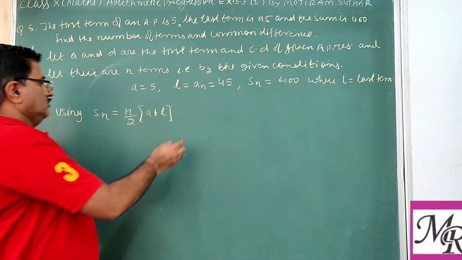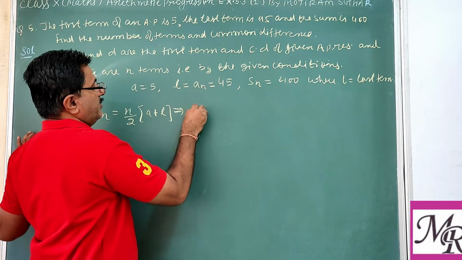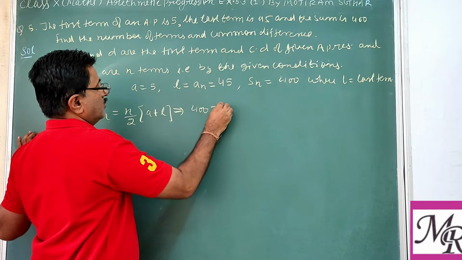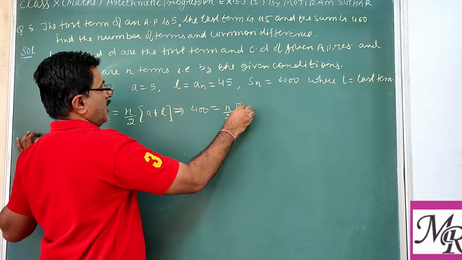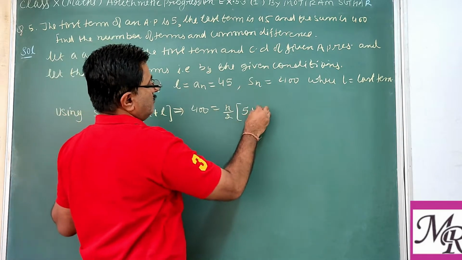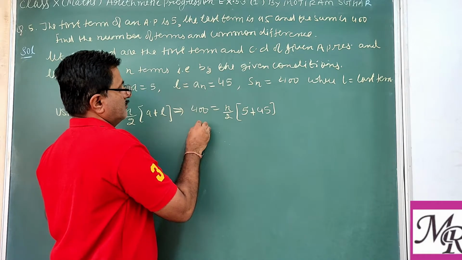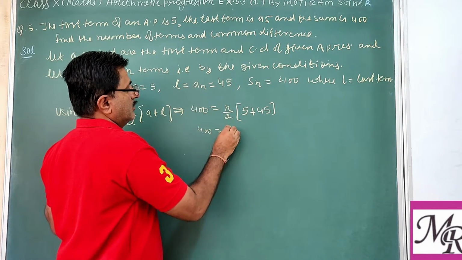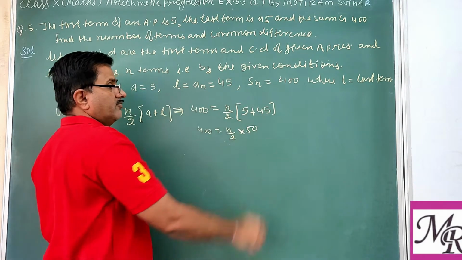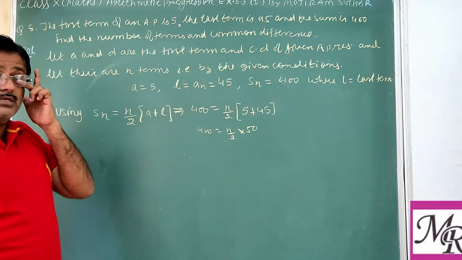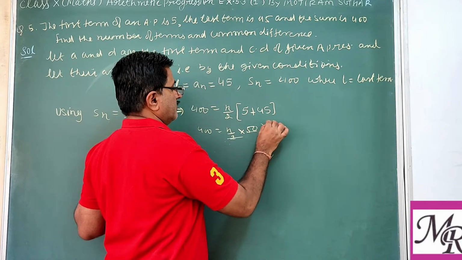So use this formula. Now S_n can be replaced by 400 equals n by 2 into (5 plus 45). Five plus 45 is 50, and 50 divided by 2 is 25.